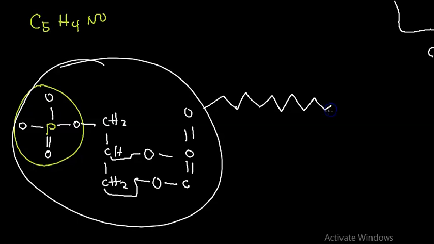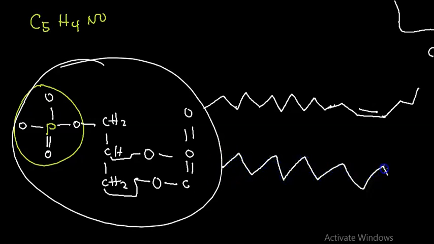Sometimes one of these tails has a double bond. Let's take an example with the one on top. Let's give it a double bond. So when it has a double bond, the zigzag is also going to bend. We are going to explain that.